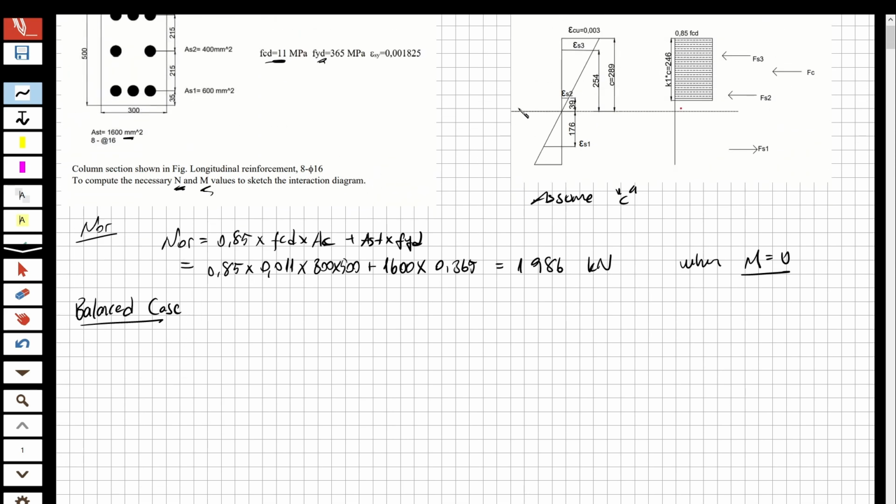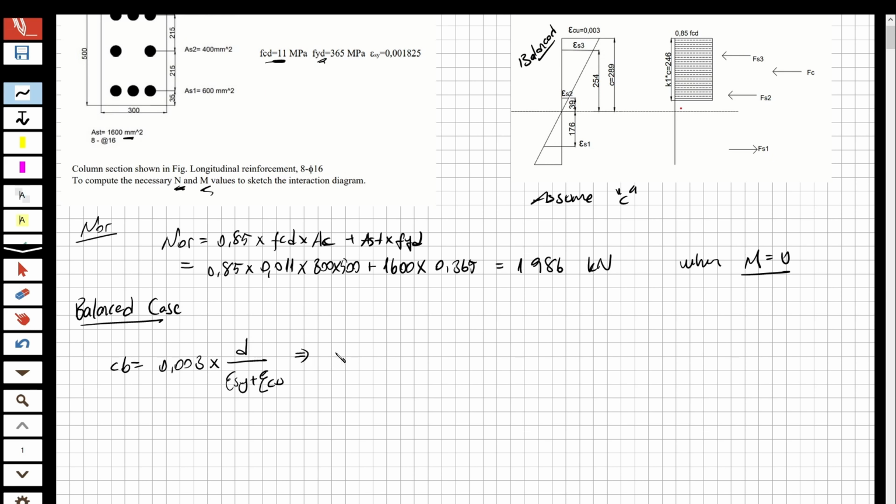For the balance case, I'm going to use the strain diagram of the balanced case and write an equilibrium like that. This is the compatibility: 0.003 multiplied by d over epsilon sy plus epsilon cu.